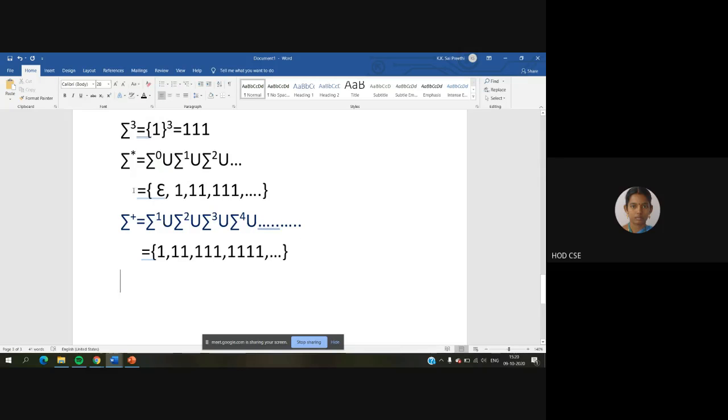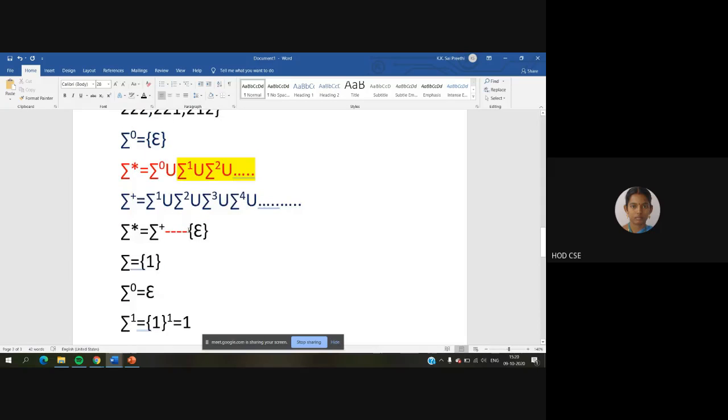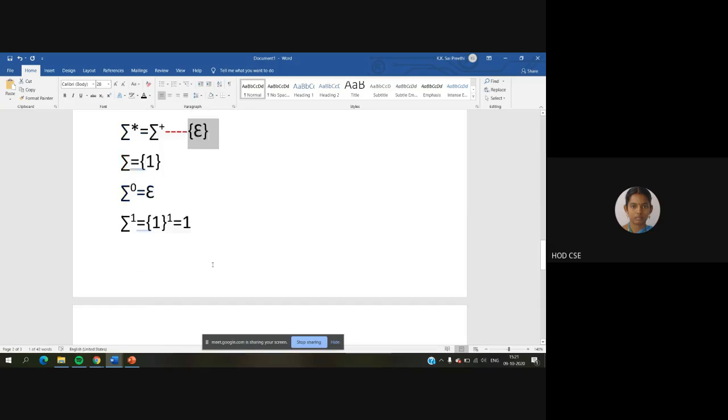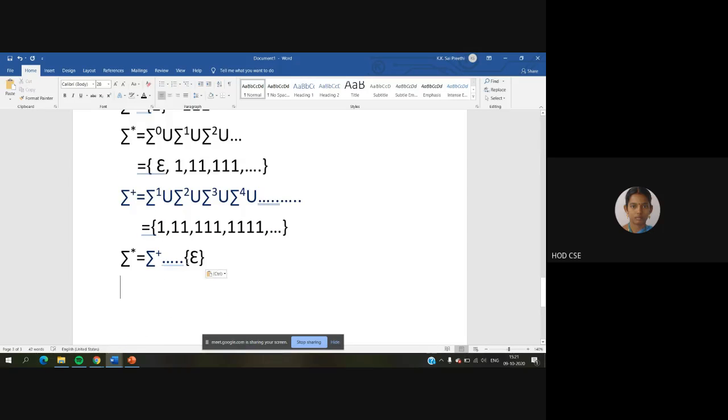Now just compare this. I'm asking, what is sigma closure in terms of sigma plus? I'm putting a dash here, and epsilon.